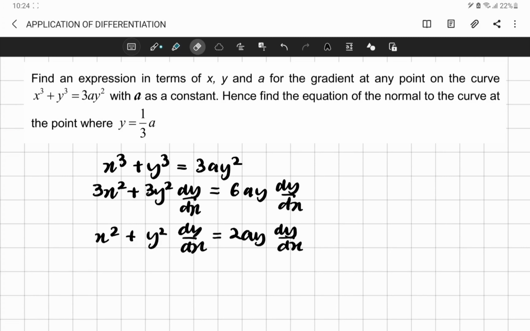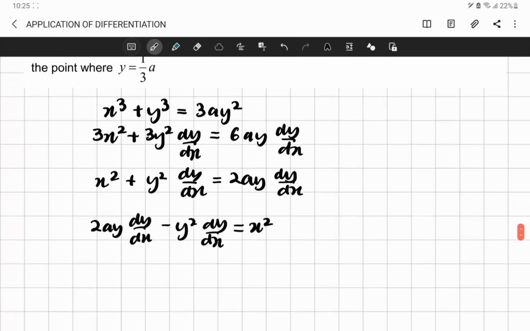Let us collect all the dy/dx. Then we're going to get 2ay dy/dx minus y squared dy/dx equals x squared. Then we're going to have dy/dx times (2ay minus y squared) equals x squared.